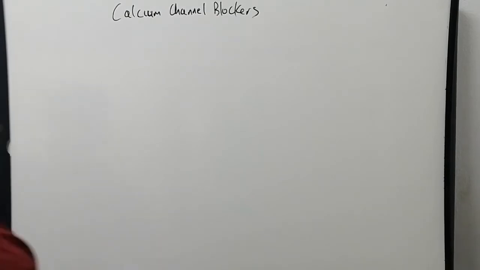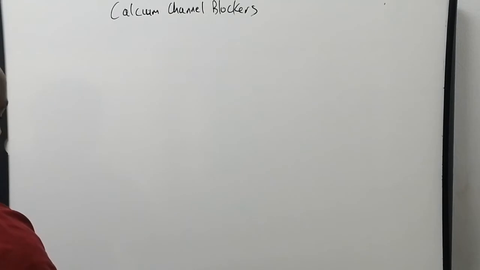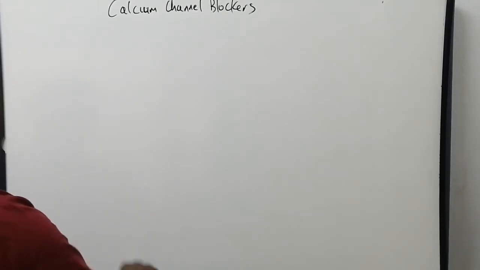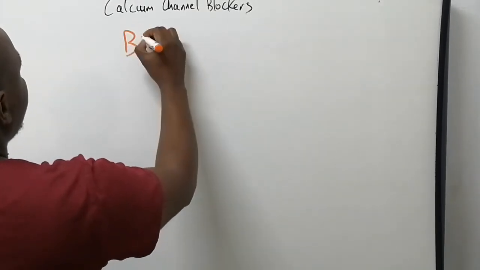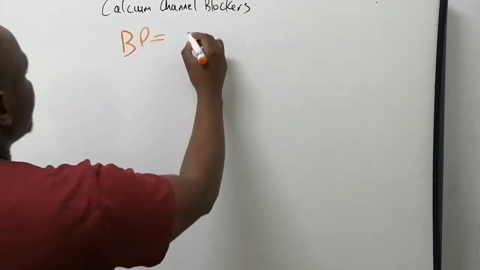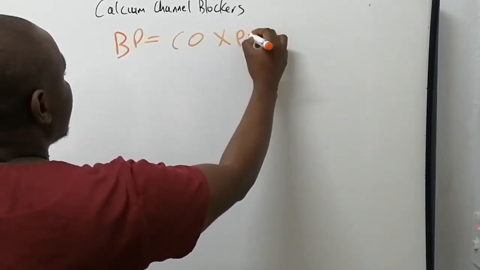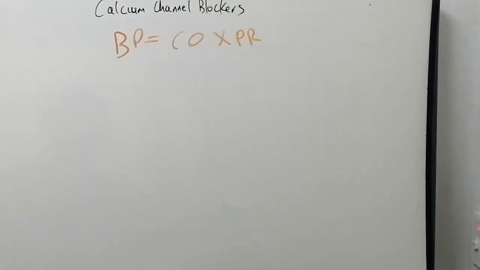So, as we know, the formula for BP is equal to cardiac output multiplied by the peripheral resistance.